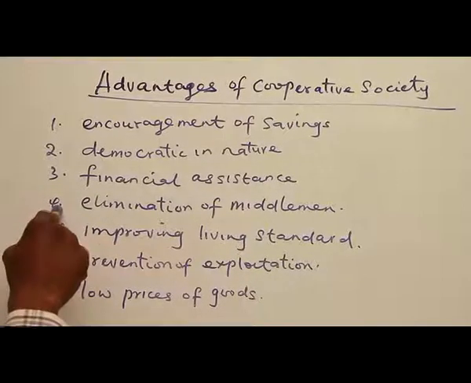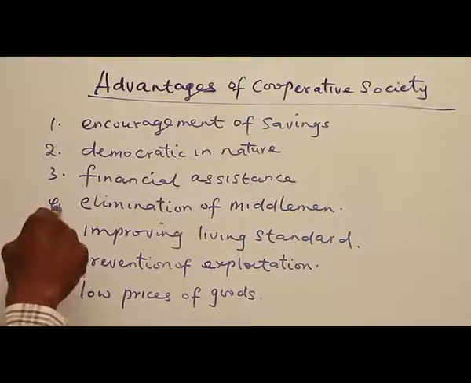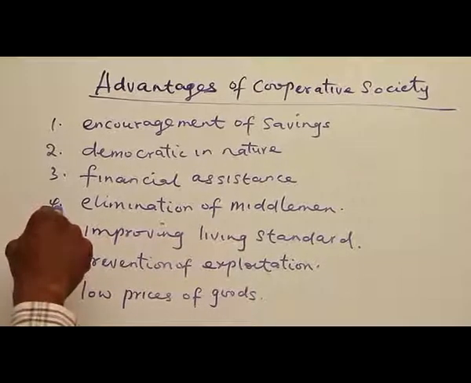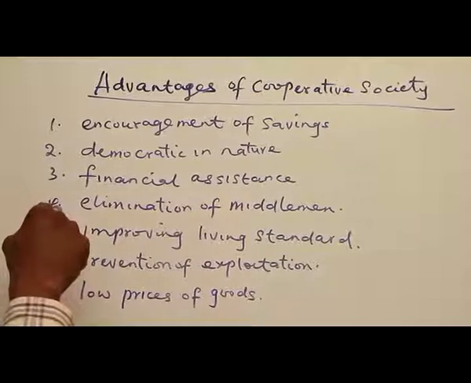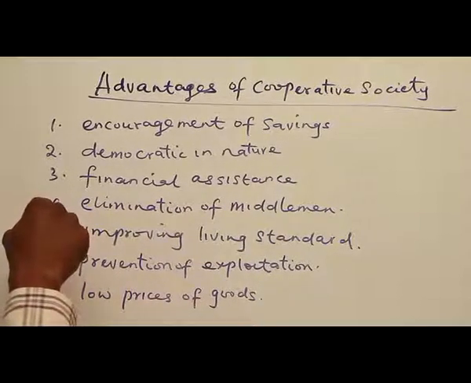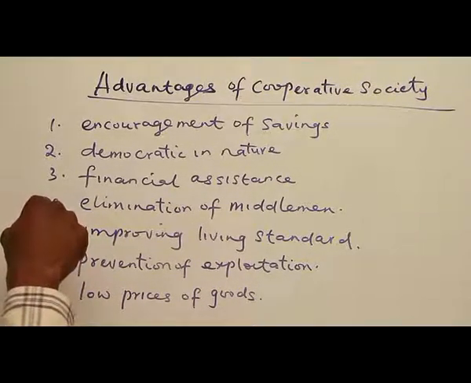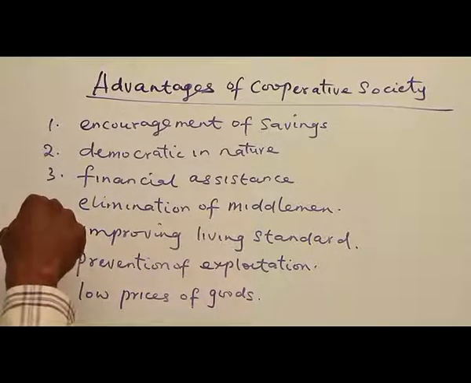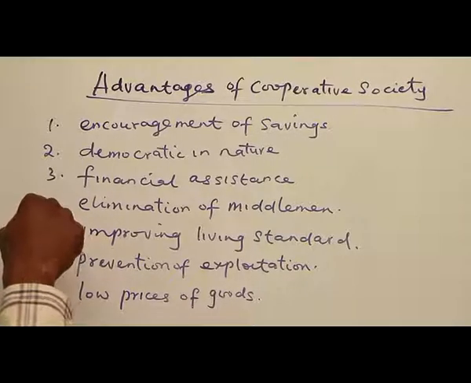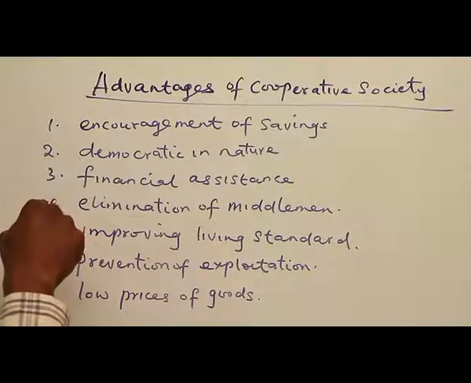But by forming the cooperative society, as consumers, you contribute your funds together, you bypass the middleman, and you buy from the producer. Here, you distribute the goods among yourselves, meaning that the goods will be charged at lower prices.